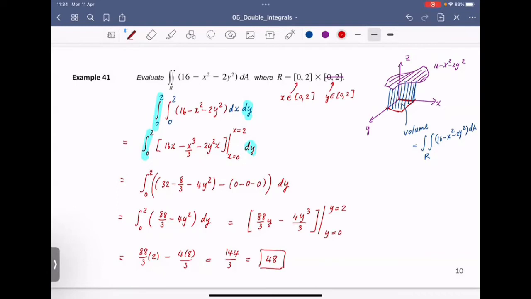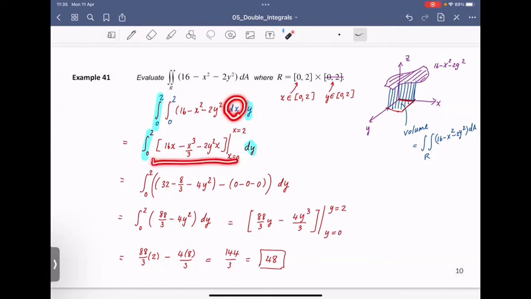Okay, one question in the chat now. Do we have to evaluate it with the x equal to 2? So for those of you who do not understand, let's take a step back. What we did is we integrate with respect to x first.